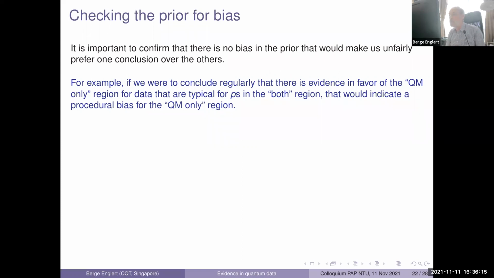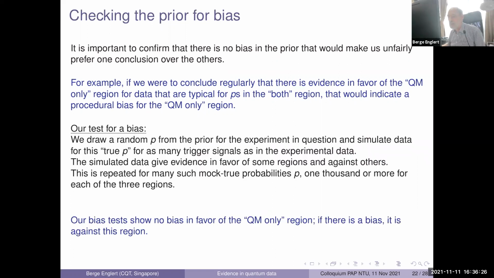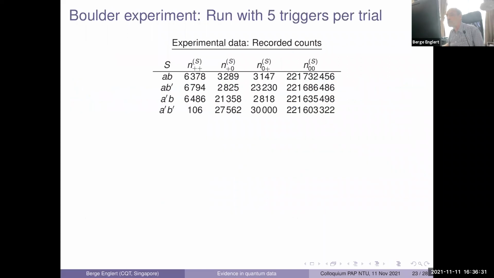And in particular, if we use mock probabilities from the other regions, we should not get evidence in favor of the quantum mechanics only region. So I'll go back to this in a while, and I'll just talk about this when we get to it, okay?